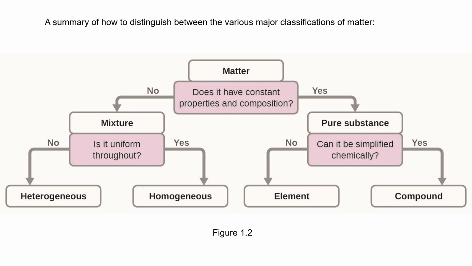Although there are just over 100 elements, 10 millions of chemical compounds result from different combinations of these elements. There are innumerable ways to combine elements and compounds to form different mixtures.